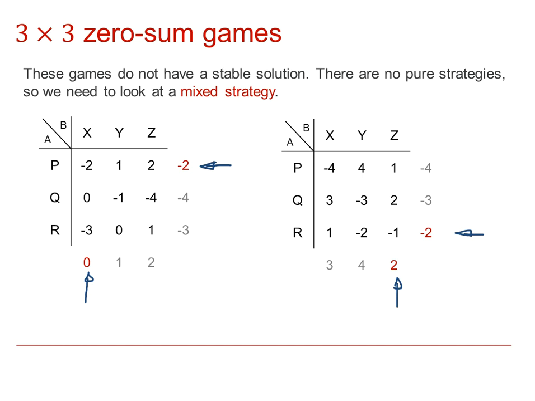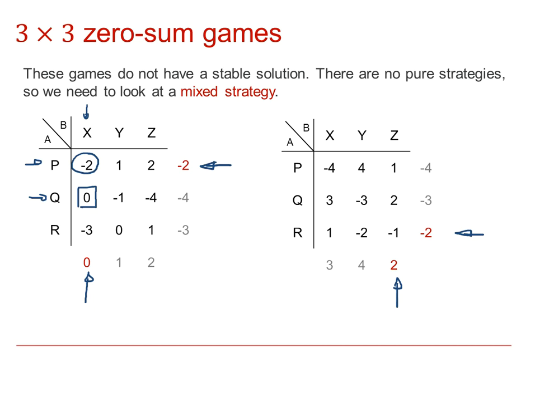Let's just consider that idea in a little bit more detail. So for example, if A is playing P, which is the play safe strategy, and B is playing X, then A knows that they're going to lose 2 units. So A thinks, well, okay, if I change my strategy, let's say to Q, I'm only going to lose 0. In other words, we'll end up even.